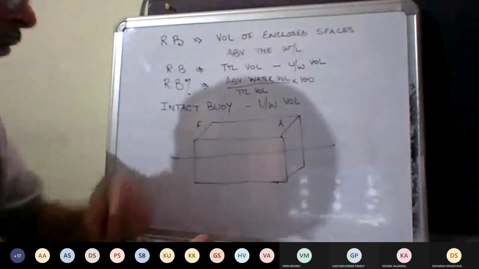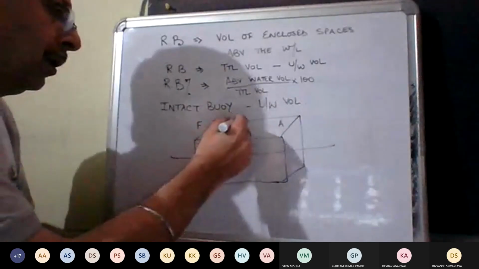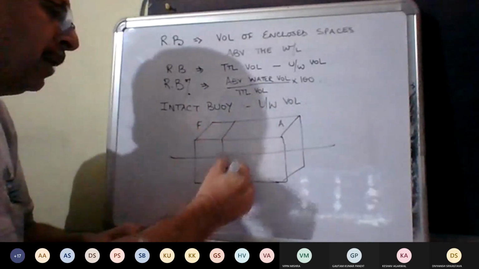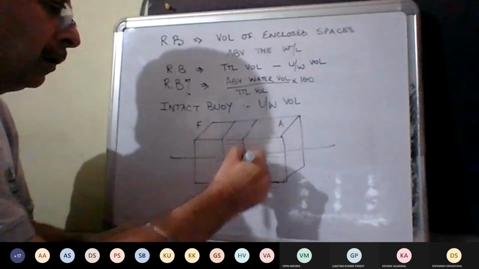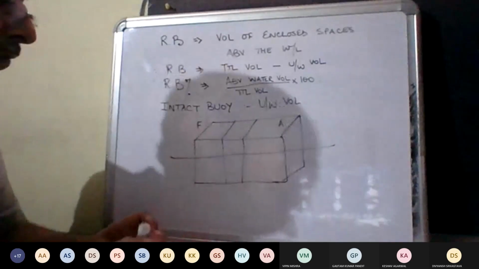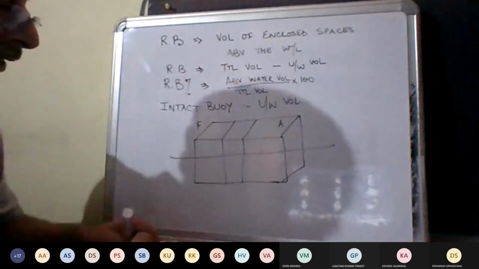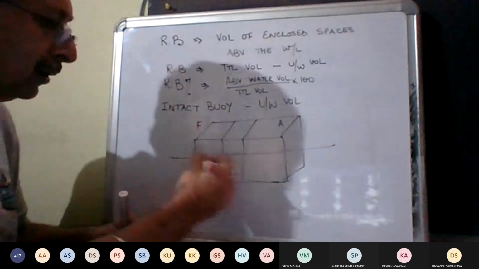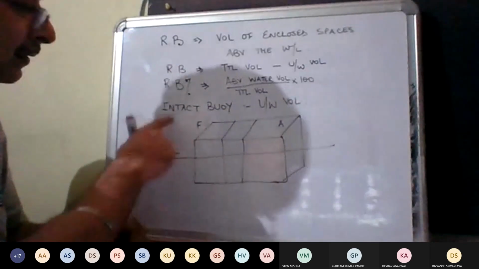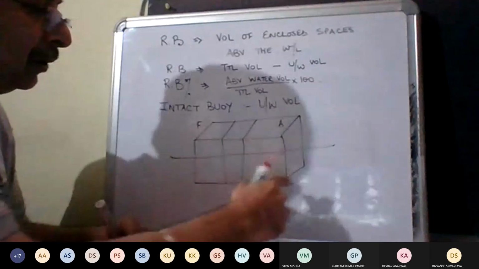This is forward, this is aft. And supposing this is one of my compartments, one of my tanks. So this is intact. So this is my intact buoyancy.